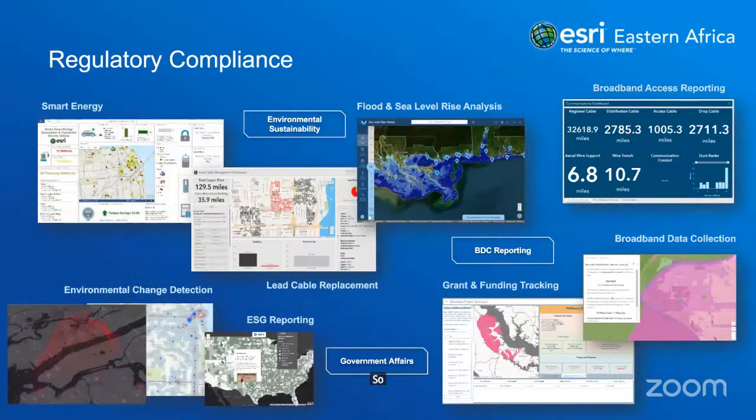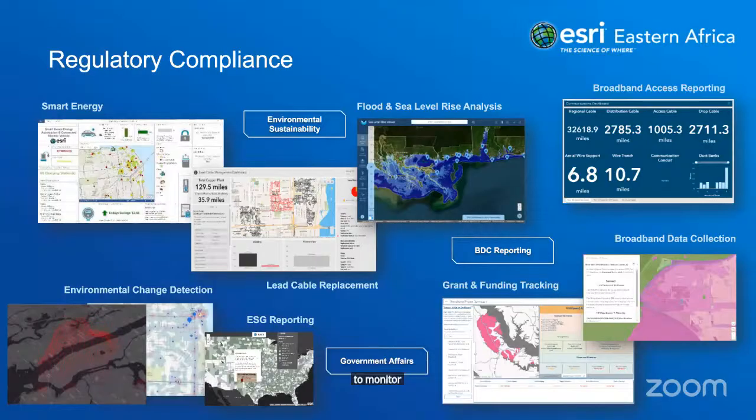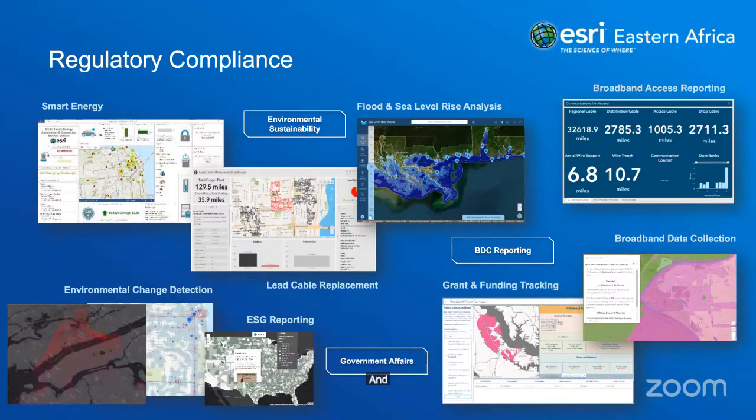So from a regulatory perspective, coverage analysis helps to verify operator submitted coverage claims, to monitor compliance and license obligations from the various licensees that the regulatory authorities manage, and to support universal service and rural connectivity programs.